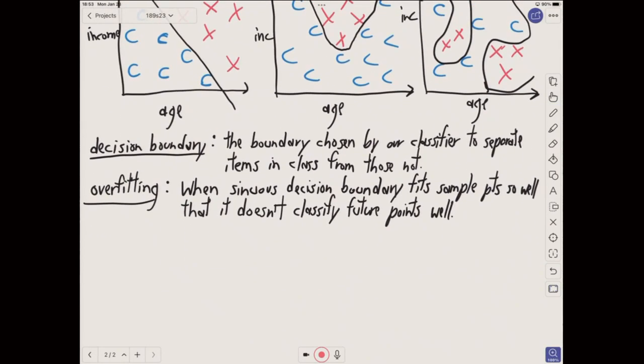Now, there are many, many different ways to create classifiers and decision boundaries, but quite a few of them work in the following way, but not all do. They compute what's called a decision function.